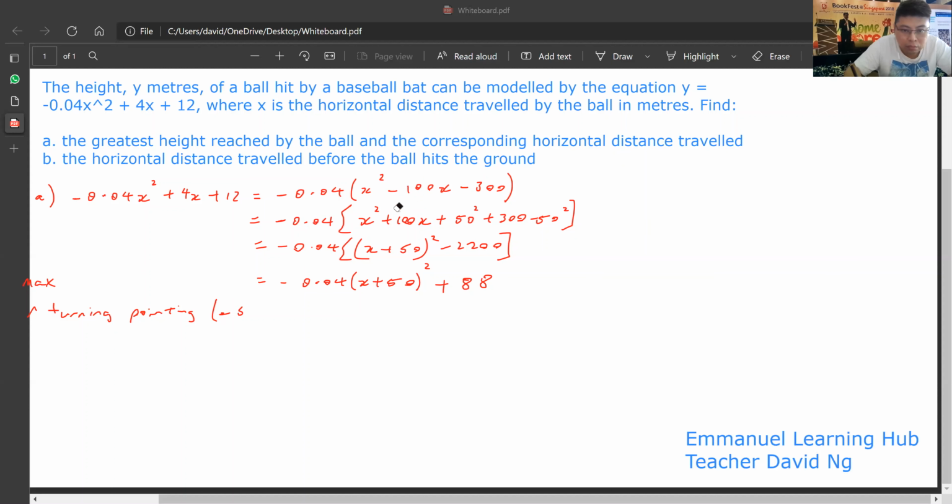Um, I got the greatest height is 88, but then the corresponding horizontal I got negative. Oh wait, no. I didn't get negative. Yeah, you should get this.